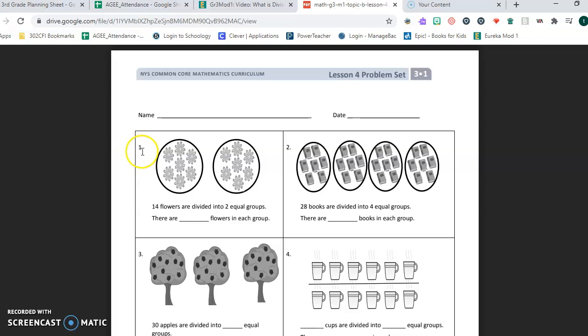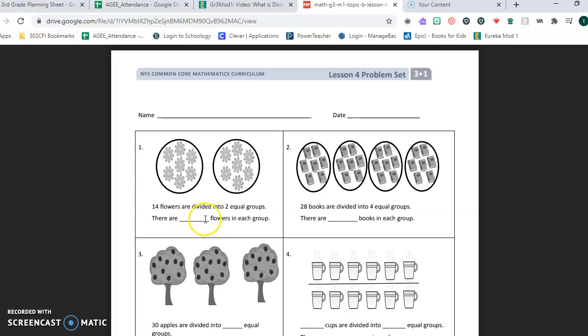We've got in item number 1, there's a total number of items here, and they divide them equally into 2 groups. That's key. They have to be an equal number of items in each group for it to be division. So we've got 14 flowers divided into 2 equal groups.